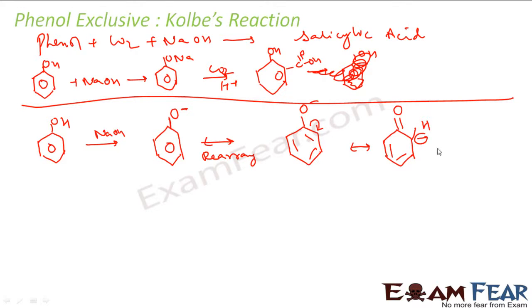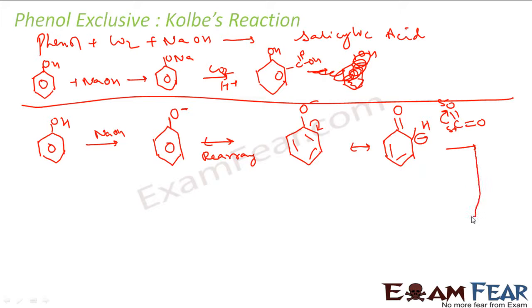Correct. Now if I react this with CO2, since there is a negative charge, it will go in this direction. It will get a positive charge, this gets a negative charge, and this positive and negative will form a bond.